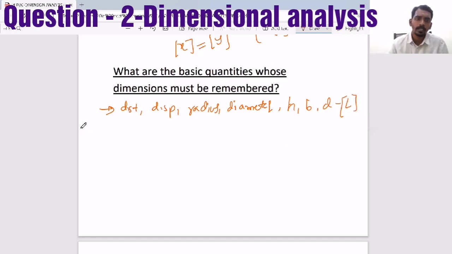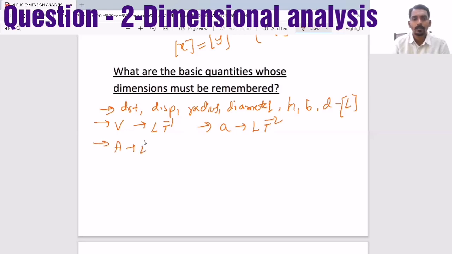Then the next one is speed or velocity, and the dimension is L t power minus 1. Also acceleration, the dimension is L t power minus 2.